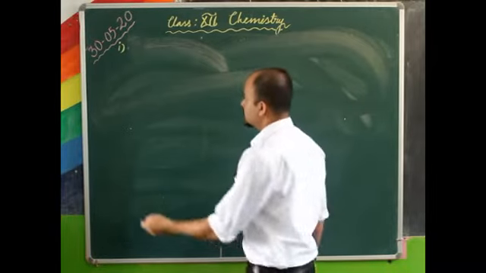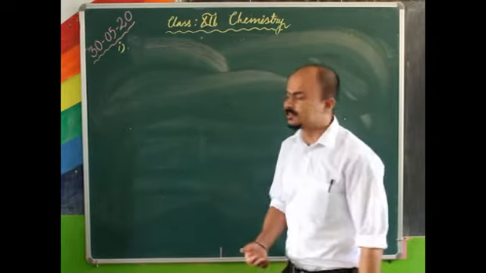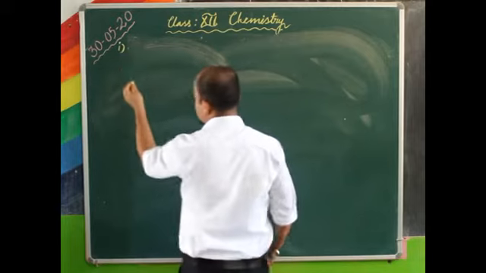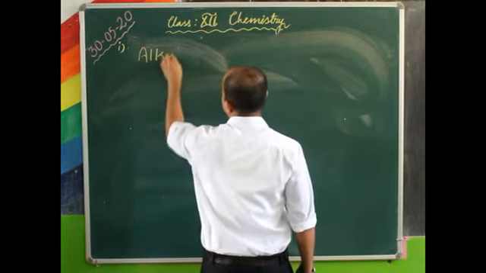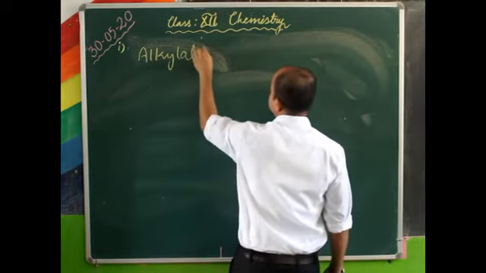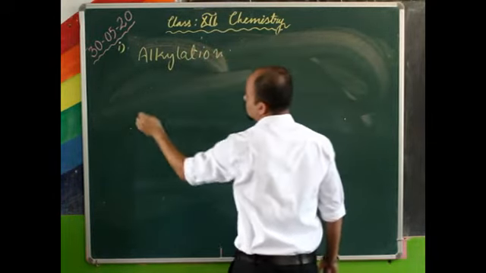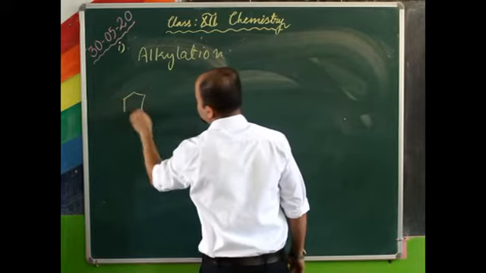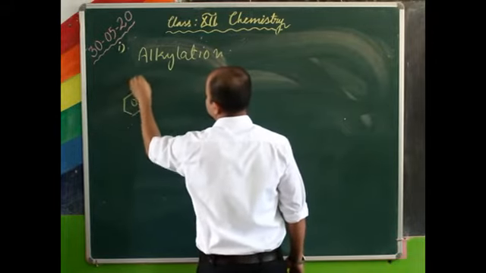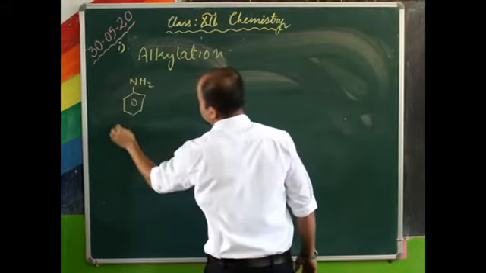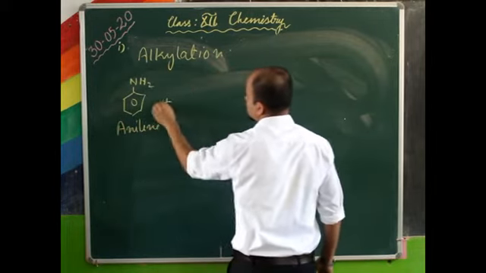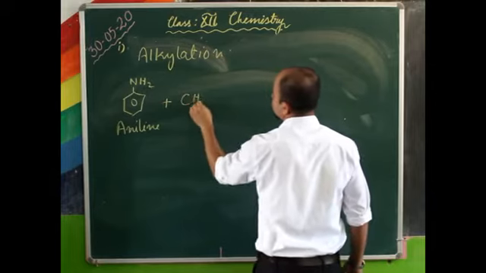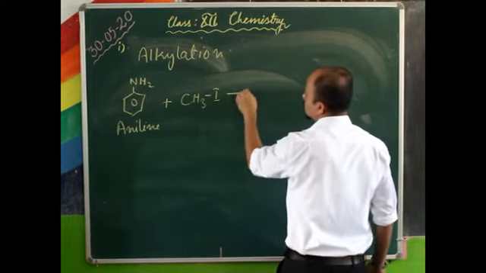So here, since we are discussing aniline, let's write this reaction once again. That is alkylation. Alkylation of a first degree amine. So whenever a first degree amine, NH2, this is aniline, it reacts with an alkyl halide, say CH3I.